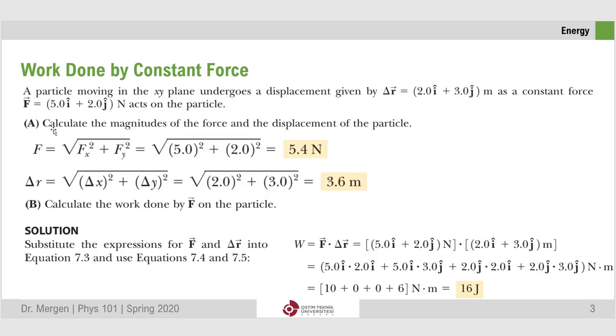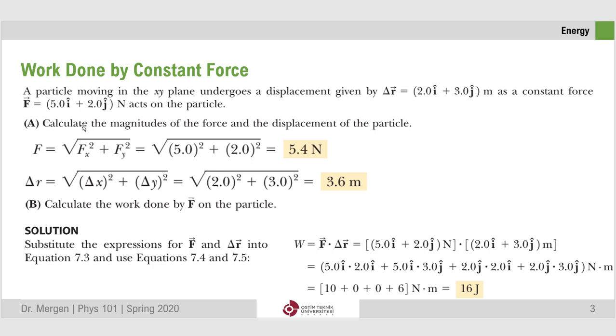So let's take a look at this quick example. We have a particle which is moving in the xy plane, and that particle undergoes a displacement delta r, given like this, and it is under the effect of a constant force like this.